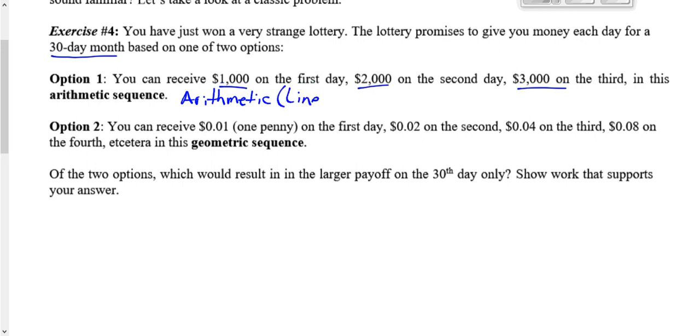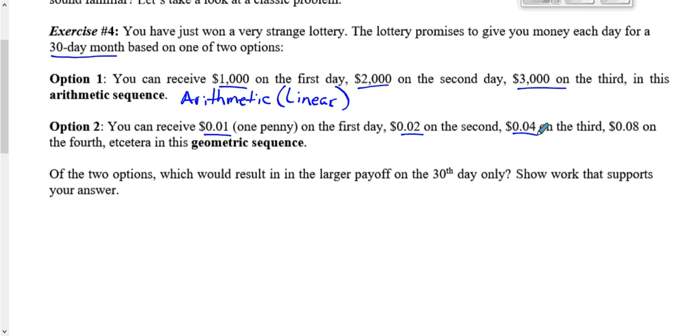Adding the same amount each time. Here's the other option. You can get 1 cent on the first day, 2 cents on the second day, 4 on the third, 8 on the fourth, etc. For 30 days.